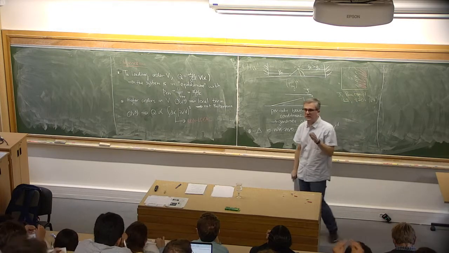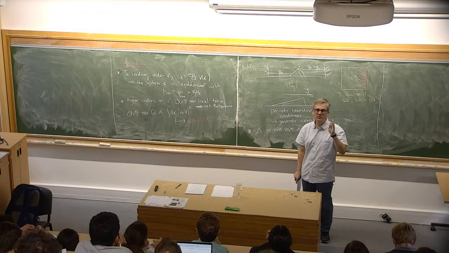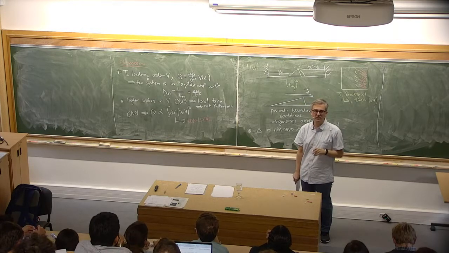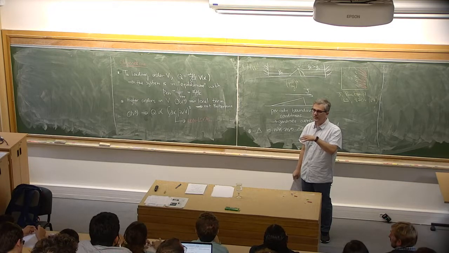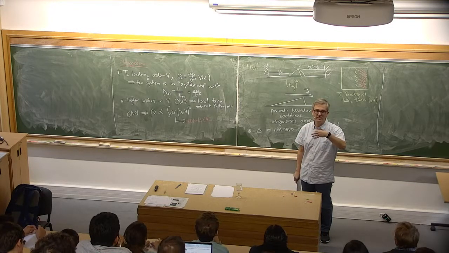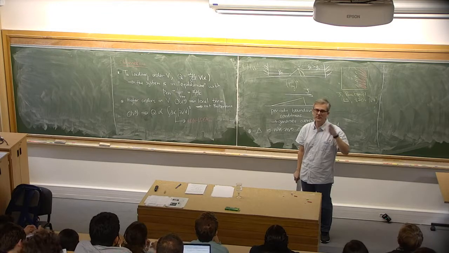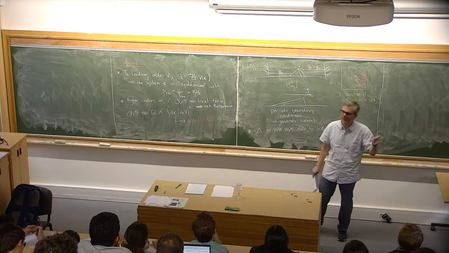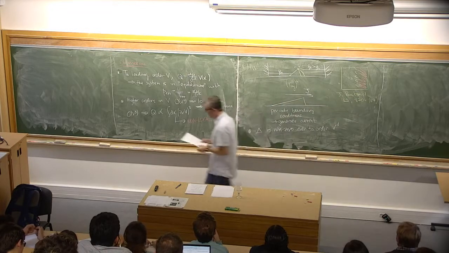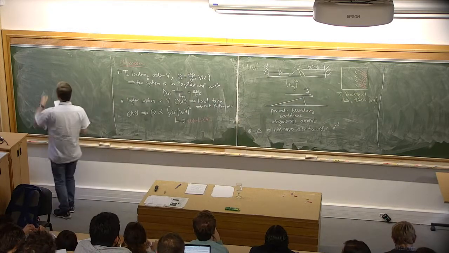So I want to introduce momentum into our problem. So far we were looking at overdamped problems. To have a clearer vision of what momentum is, I'm going to introduce an underdamped problem. You can do everything with overdamped, but it's more transparent with the underdamped model.